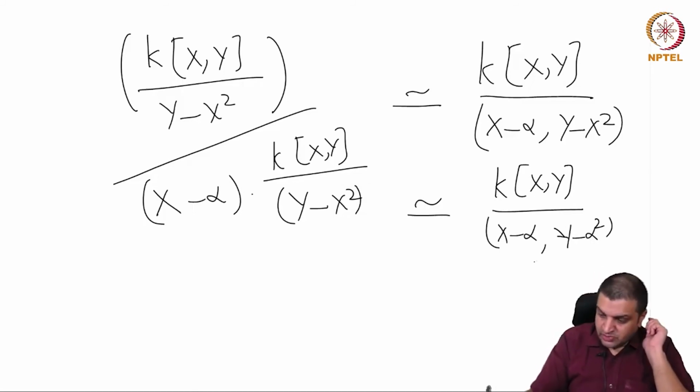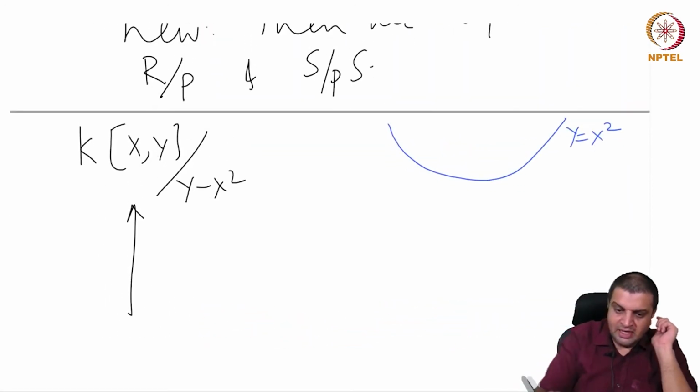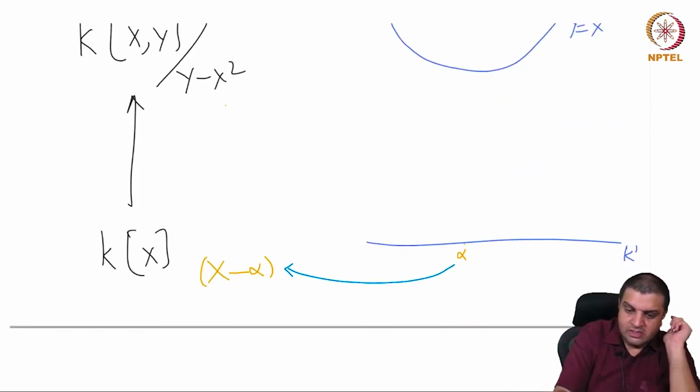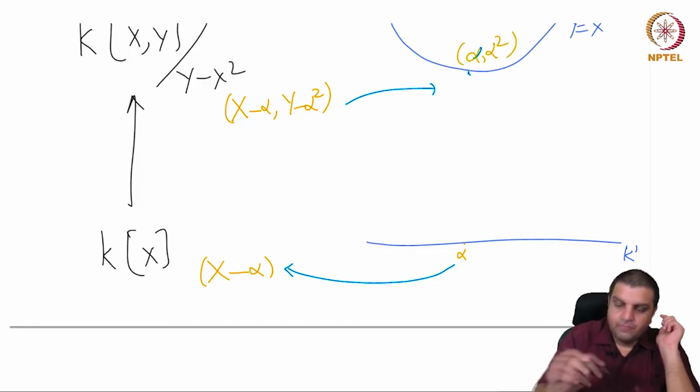So now let's go back to this calculation here. The maximal ideal that we have here, the fiber over this point, corresponds to the ideal x minus alpha, y minus alpha squared. And that corresponds to the point alpha squared here.